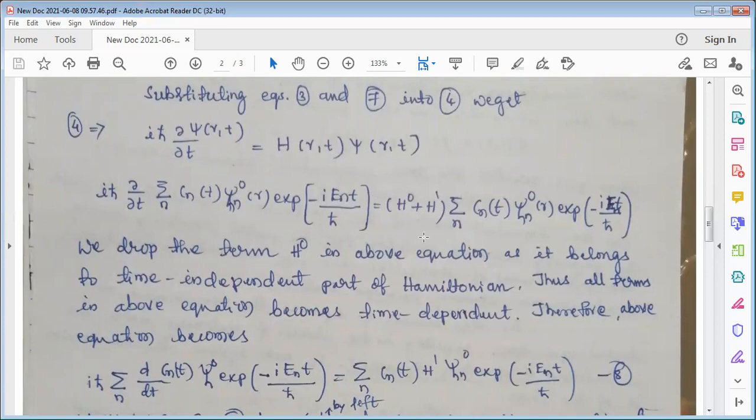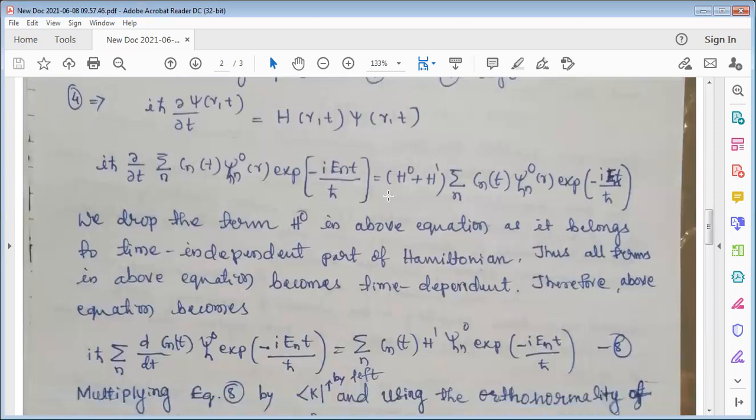And psi is given by equation 7. So that is substituted here. Equation 7 also appears on this side. On both sides, I am substituting equation 7.